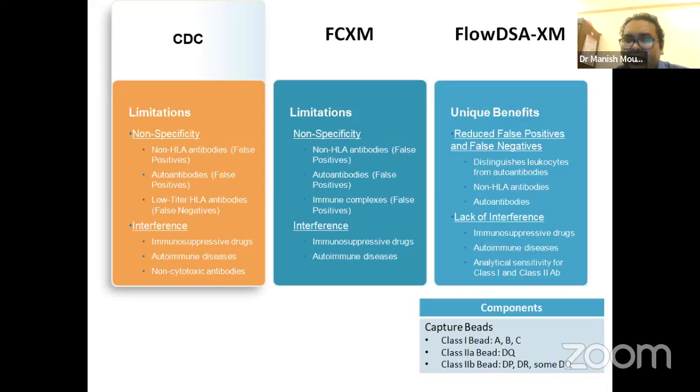So we get to know the overall non-HLA antibody, autoantibody, along with the specific HLA antibody class 1, ABC, class 2, DQ, DP. This is a very extensive test which is under development. Within 2-3 months, it is going to be available in the market. Laboratories are starting.